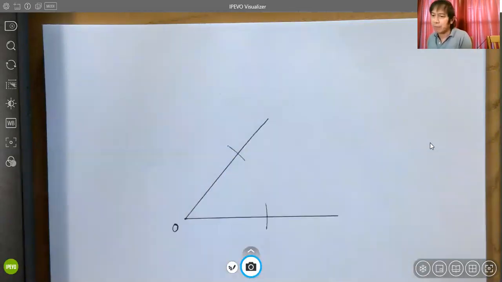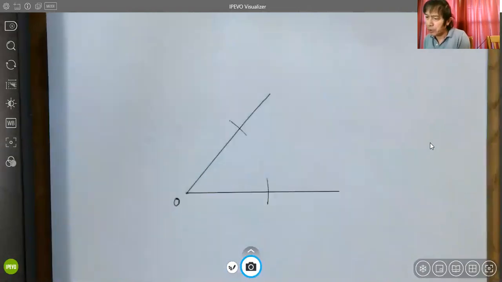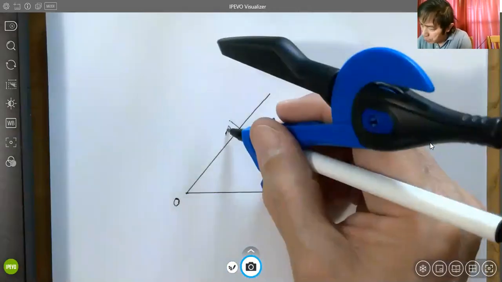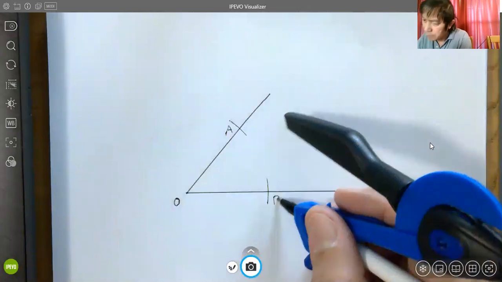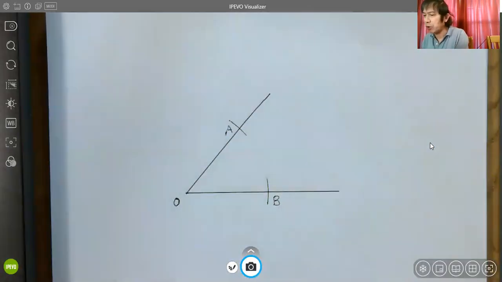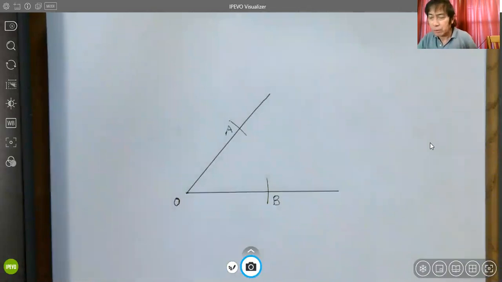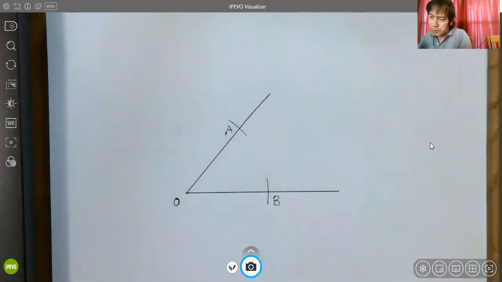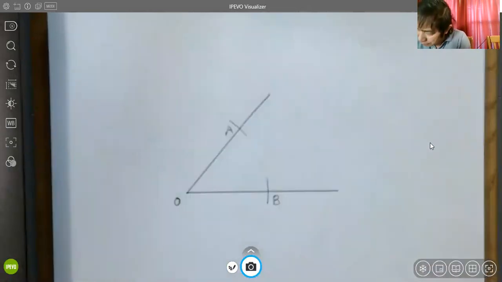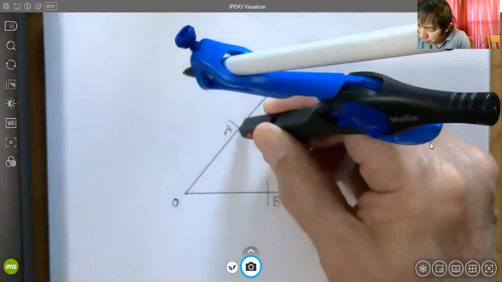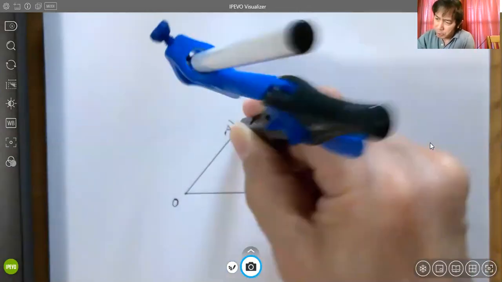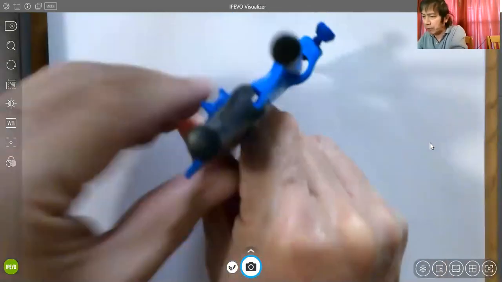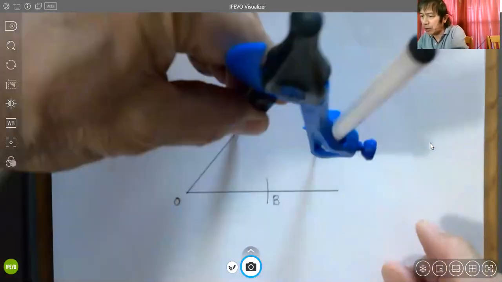Doing this, you're going to produce 2 points. Let's call these point A and point B there. Without changing your compass radius, use the center point A of your compass, and then at the interior of the angle, create an arc over here.